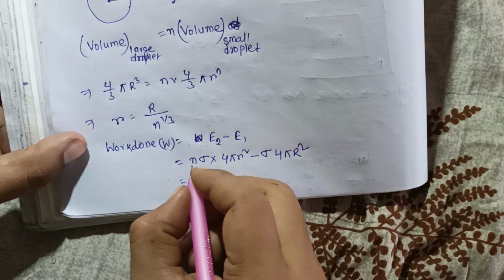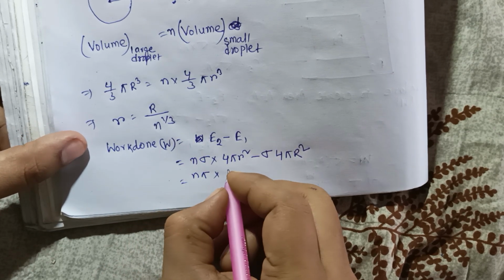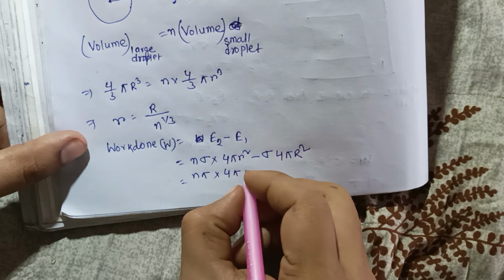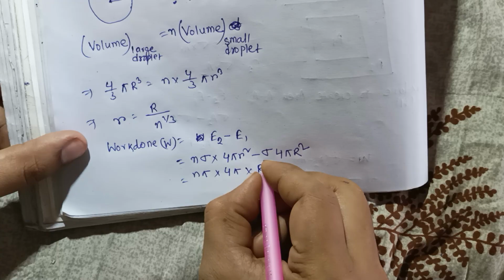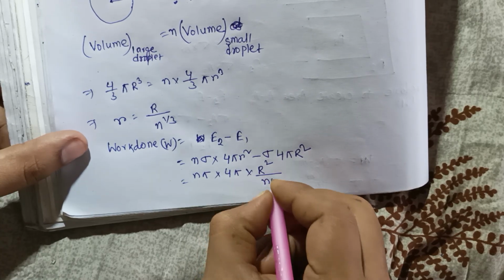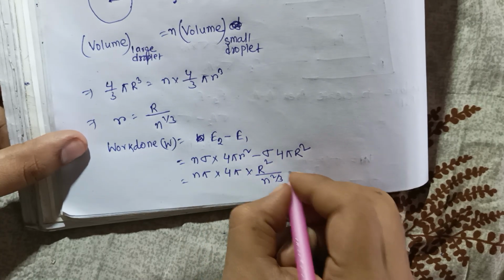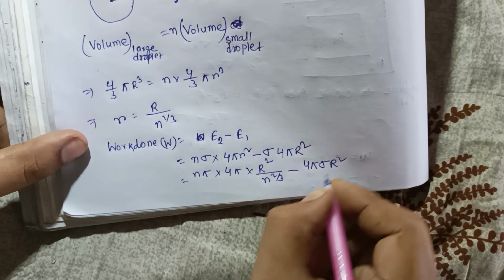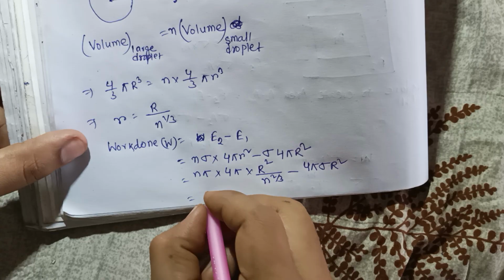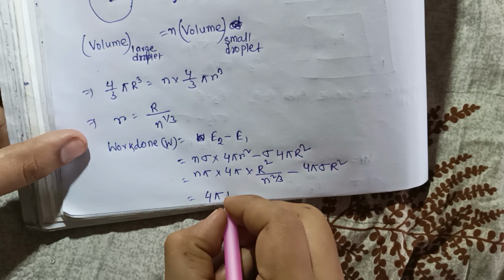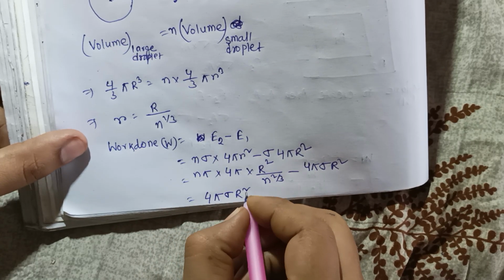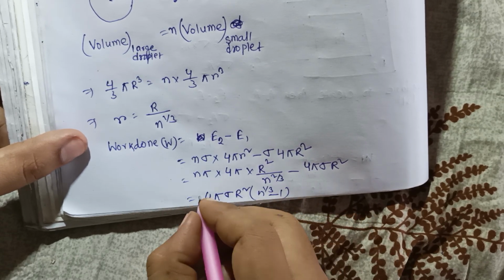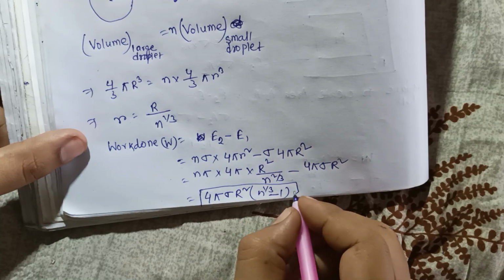What is the value of r? It is R by n to the power 1 by 3, so r square is R square by n to the power 2 by 3. So from here you get 4 pi sigma R square into n to the power 1 by 3 minus 1. This will be our answer.